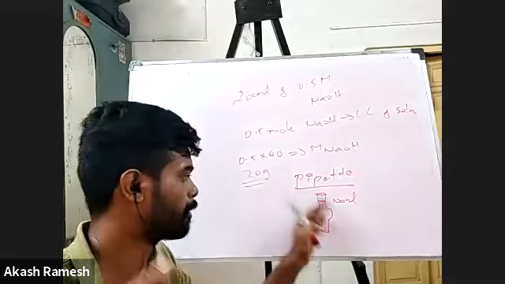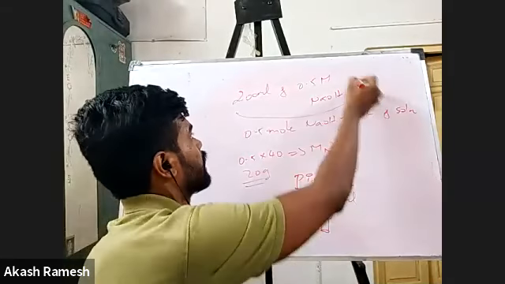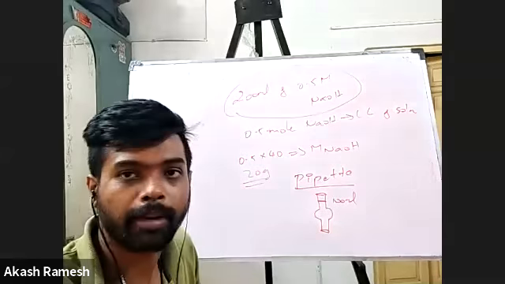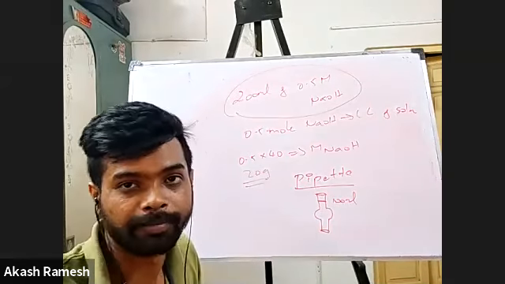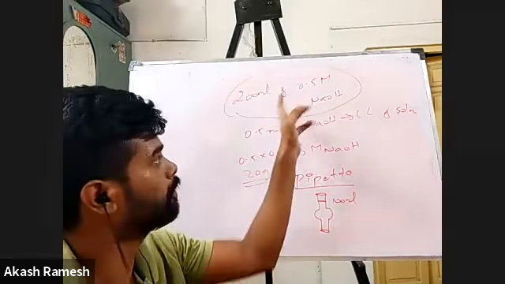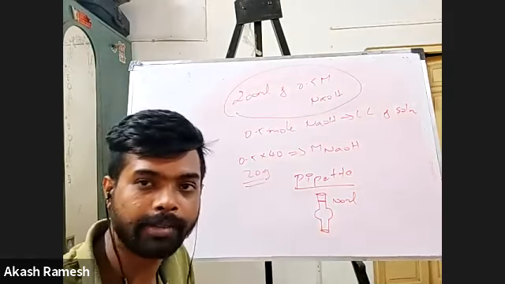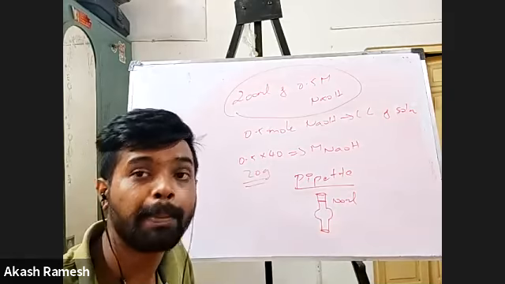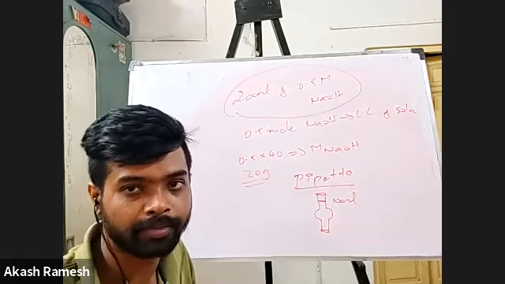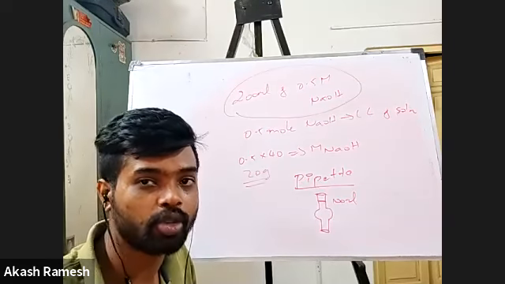Done. So you have prepared 200 ml of 0.5 M NaOH solution. Done. The first part is over. Preparing the solution is over.